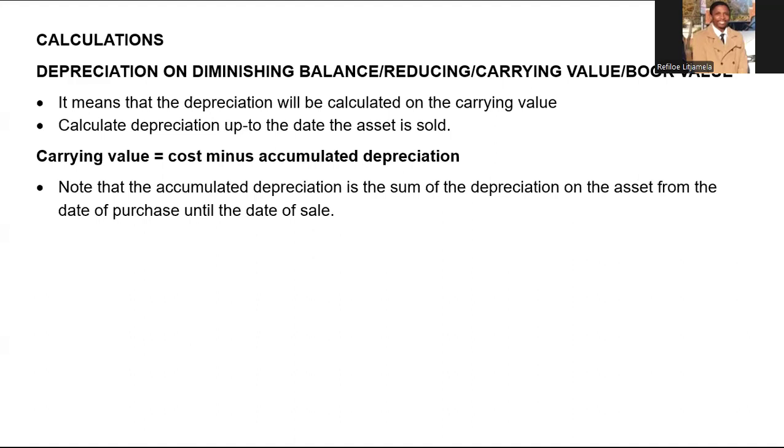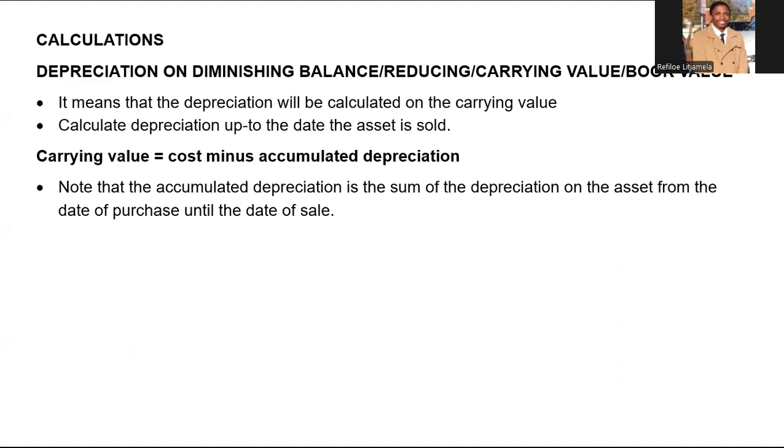But it is the depreciation that you have added up from when the asset was purchased up to the current period, or the present. That is the first depreciation method, which we call the diminishing balance method, or reducing balance method, or book value method, or carrying value method.